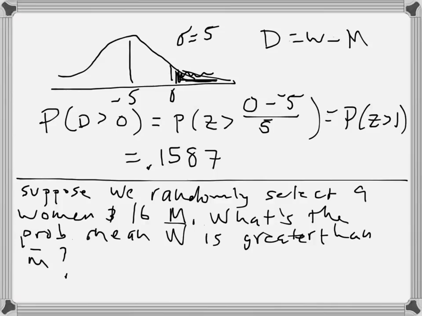Just looking above, we got about a 16% chance of randomly choosing a woman that's taller than a randomly selected male, which isn't super unlikely. But I have a feeling that the average of 9 women being taller than the average of 9 men is going to be a lot less likely.